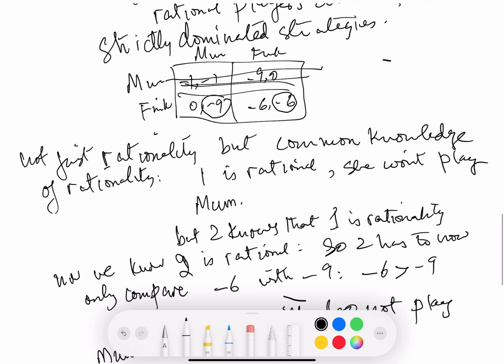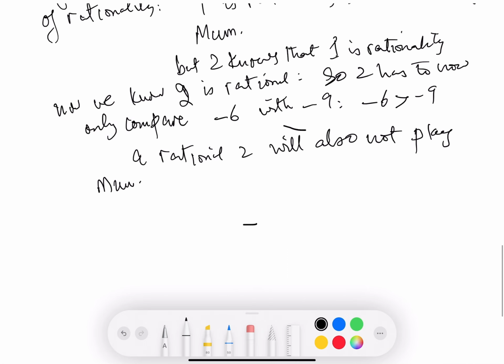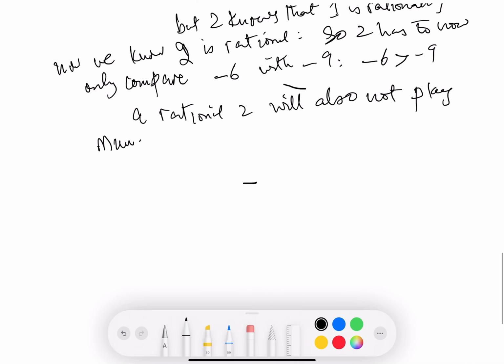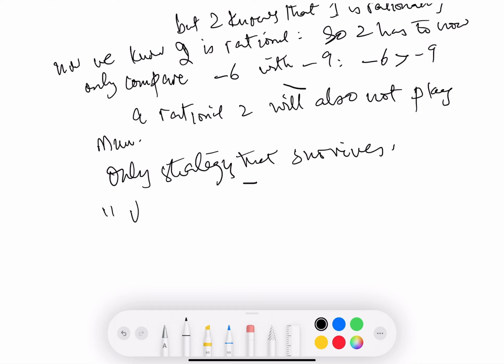So coming here, a rational 2 will not play mum because -6 is greater than -9. Boom, boom. So the only strategy that survives, and this is the process that we have just followed, is what is called iterated deletion of strictly dominated strategies.